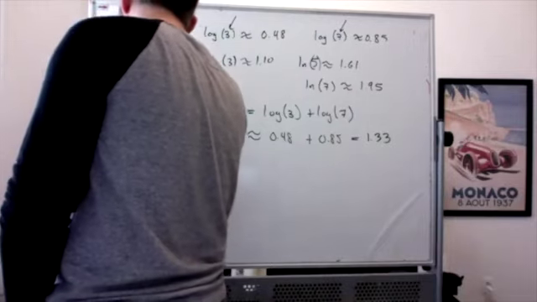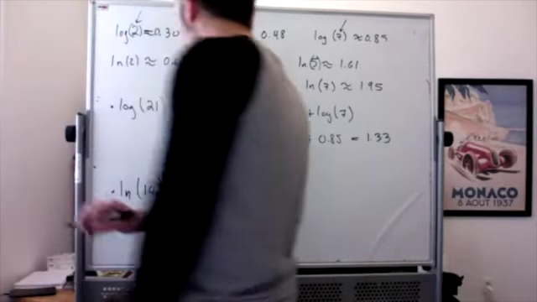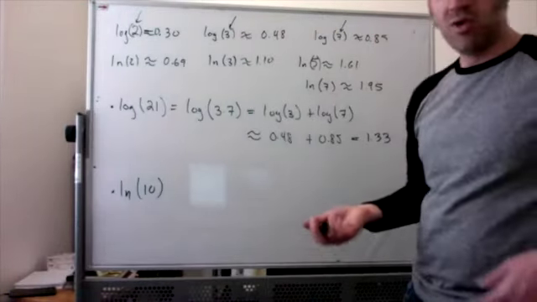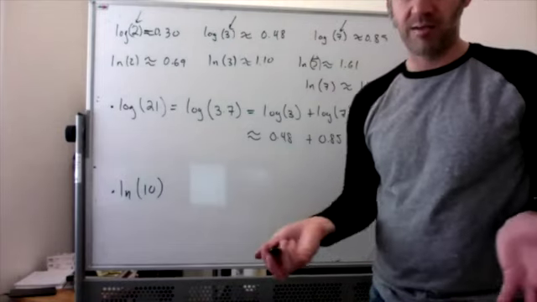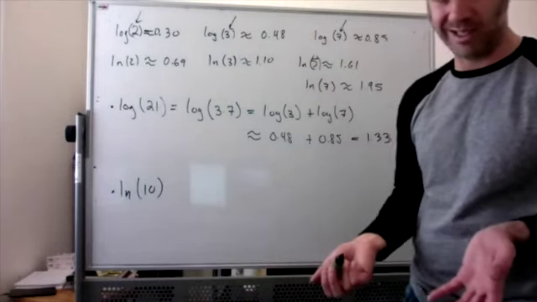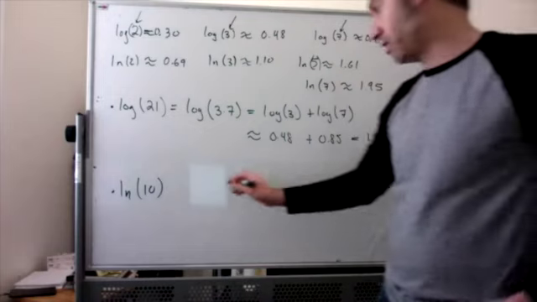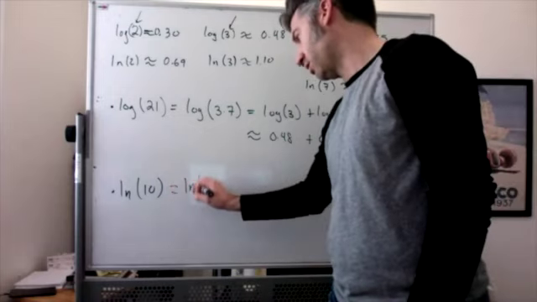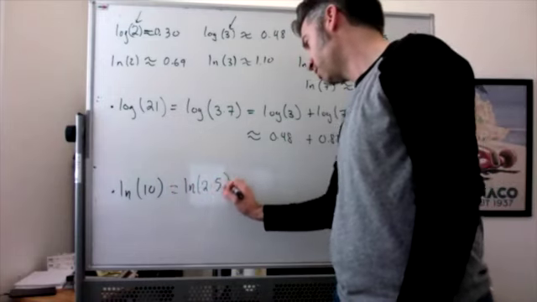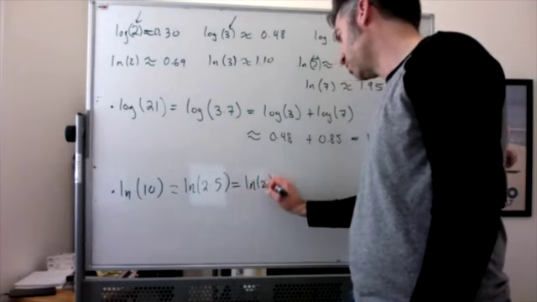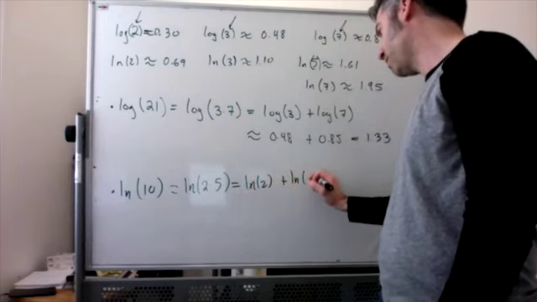Let's do the natural log of 10. Well, usually, not always, but a lot of the times we're thinking about what multiplies to 10. Well, 2 times 5. So I can write this as the natural log of 2 times 5, which is the natural log of 2 plus the natural log of 5.